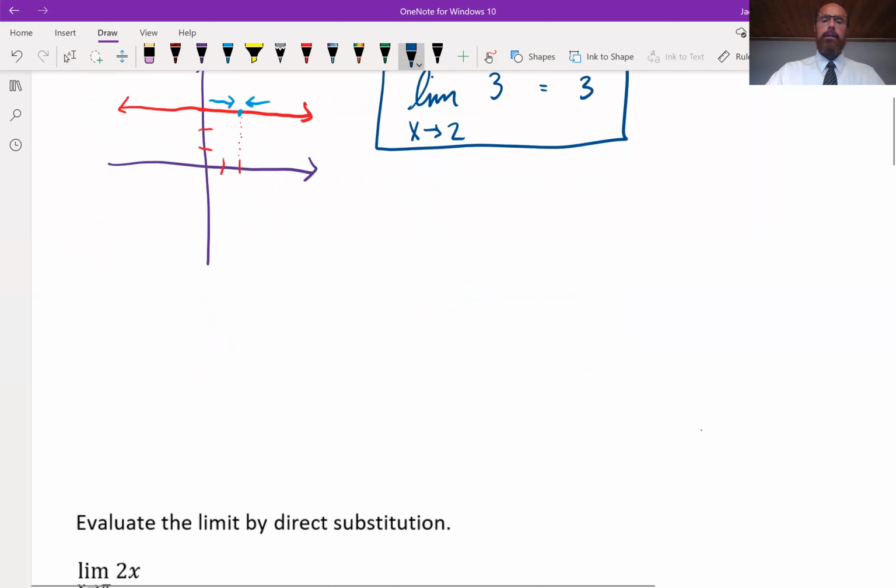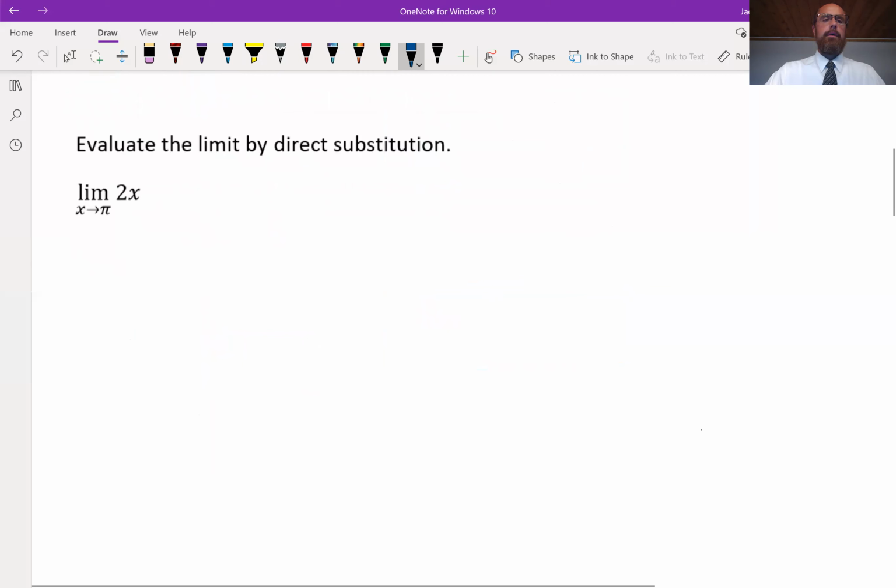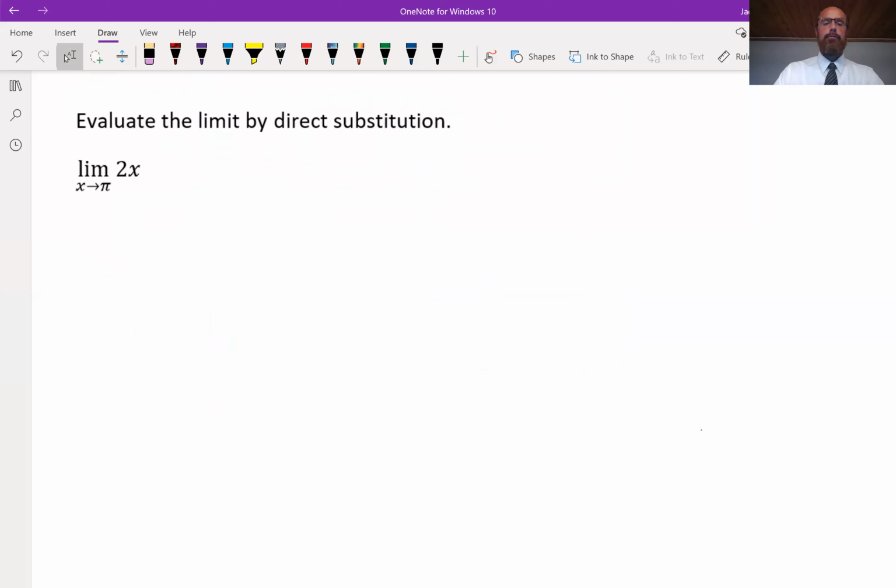Let's look at another linear function, which is really a direct variation function, 2x. So here we've got evaluate the limit by direct substitution of the limit as x approaches pi of 2x. Just like we did with that first example, I'll start off by treating this 2x as a function.